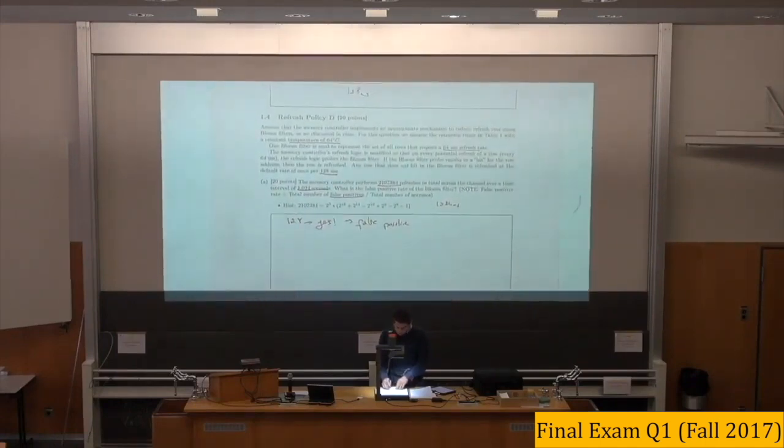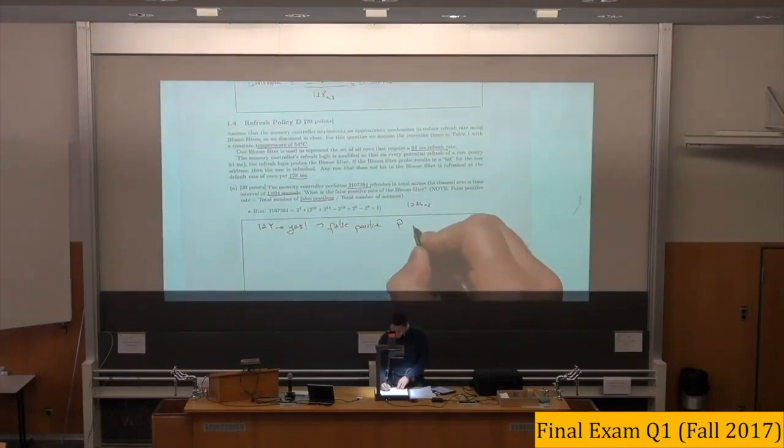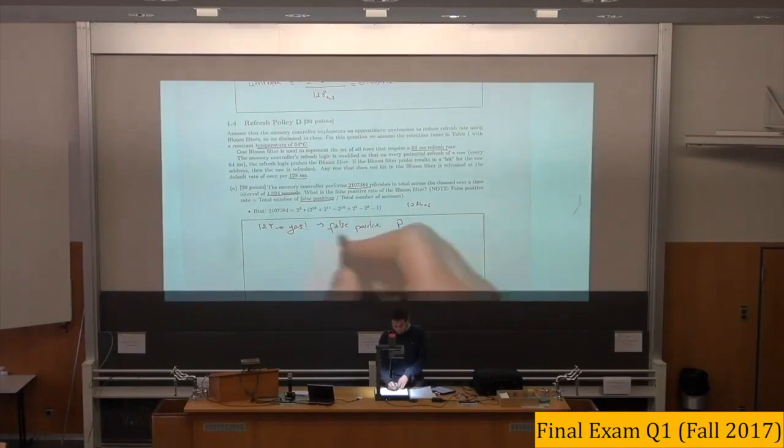So let's define P as the fraction of the rows that were a false hit in the Bloom filter that should have been refreshed within 128 milliseconds. So this will be my fraction.